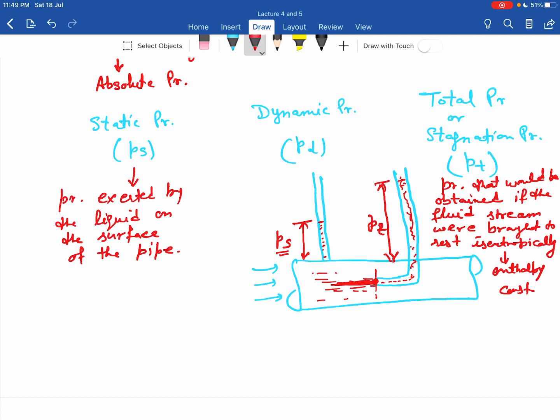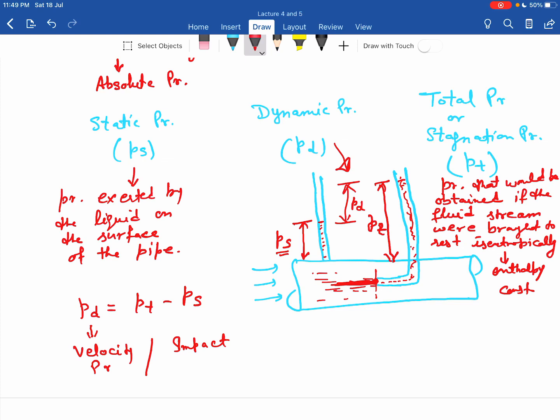Okay, now the difference between these two is our third pressure, which we call dynamic pressure. So dynamic pressure you can write as PT minus PS. We have some other names for this dynamic pressure also. One is called velocity pressure, another name is impact pressure. Now this PD is the velocity pressure.